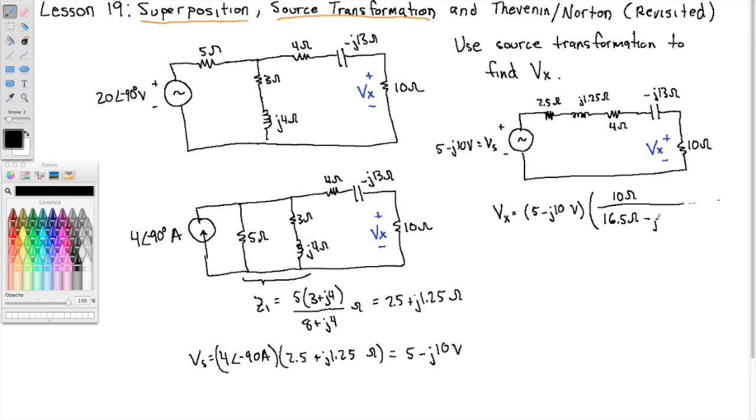So that's minus j11.75 ohms. Alright, so we carry out that multiplication and we get Vx is 5.519 angle negative 28 degrees volts.